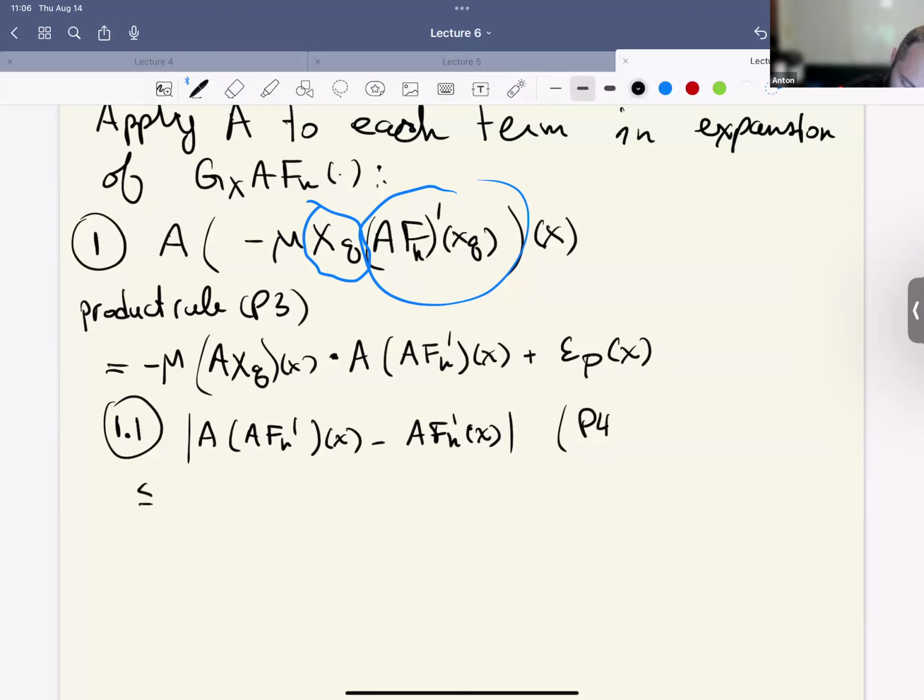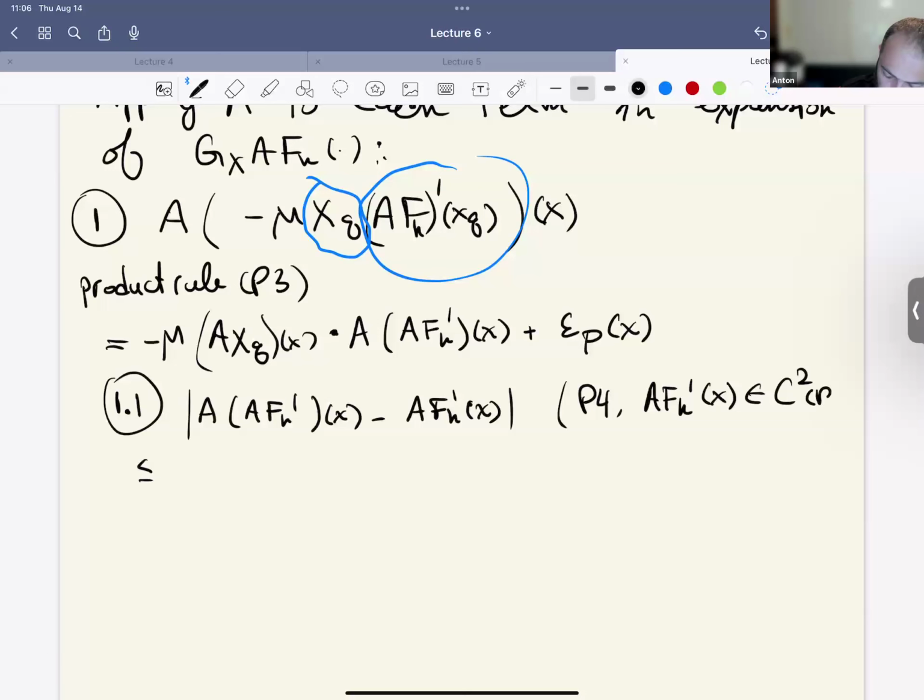So by property number 4, we know that A f sub h prime is C2. Why is it C2? Because A f sub h of x is in C3. Okay, that's why it's C2.